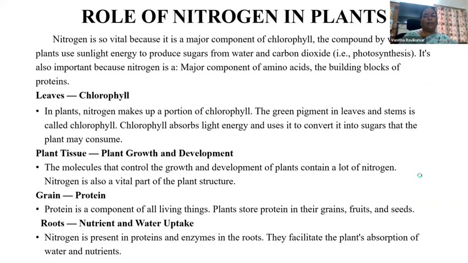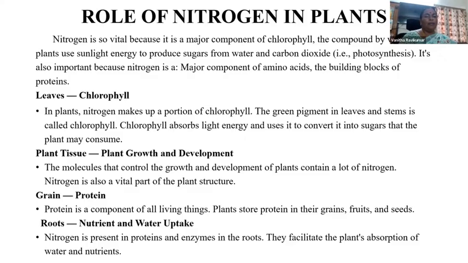The green pigmentation in leaves and stems is called chlorophyll. In photosynthesis, the chlorophyll absorbs light energy and converts it into sugar. After application of nitrogen, all the plants turn green. So chlorophyll is the main content.